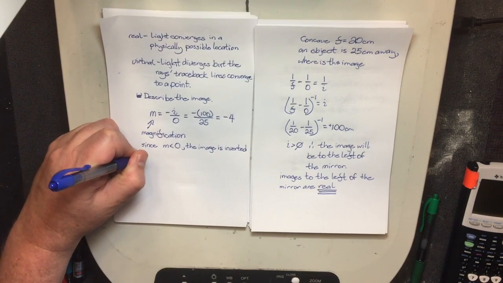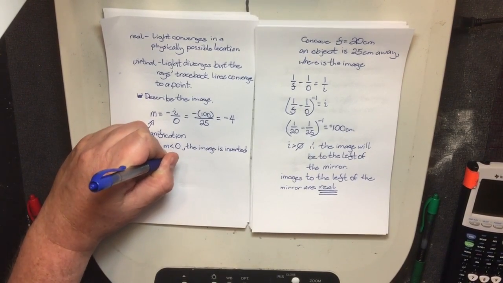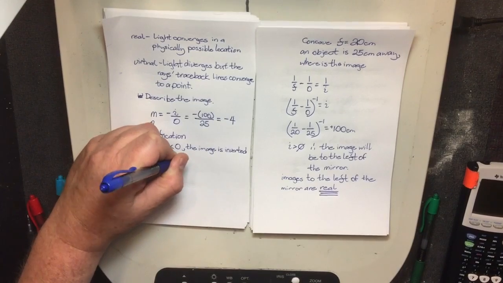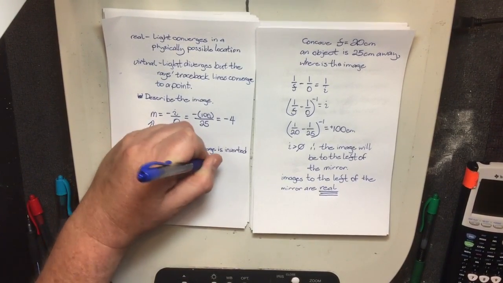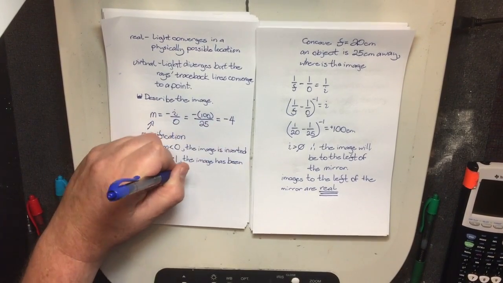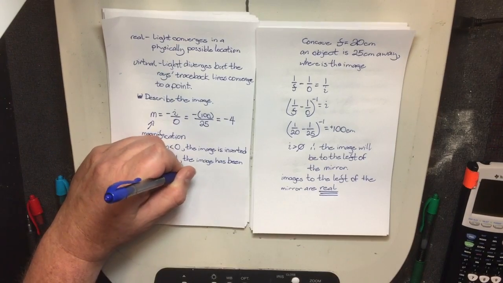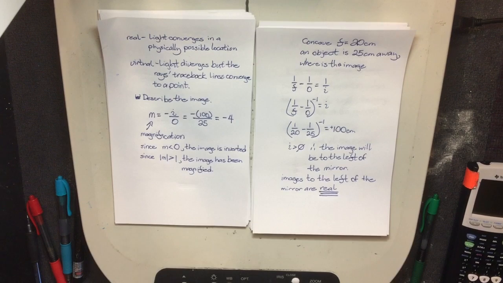And since the absolute value of M is greater than 1, the image has been magnified. So this image has been flipped over and enlarged.